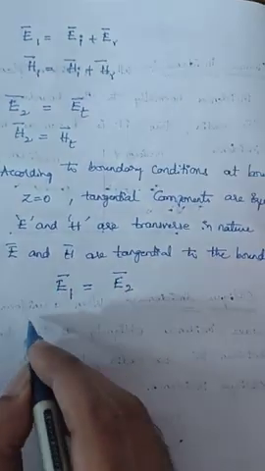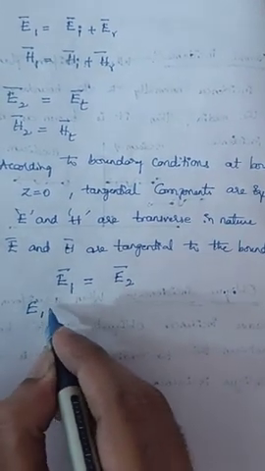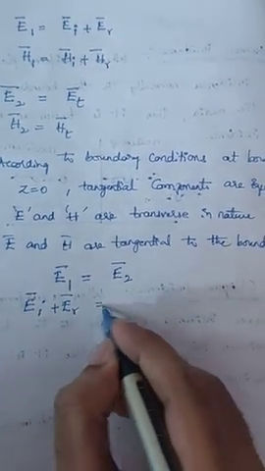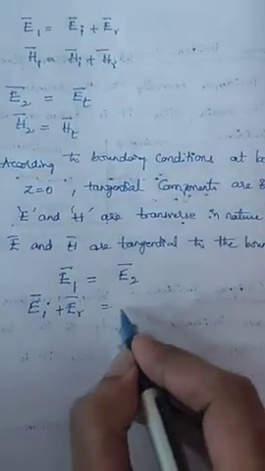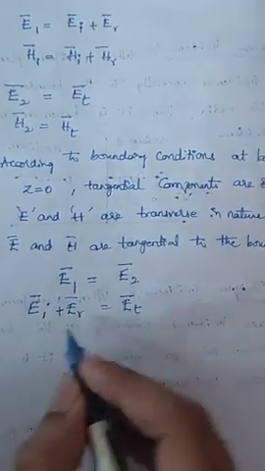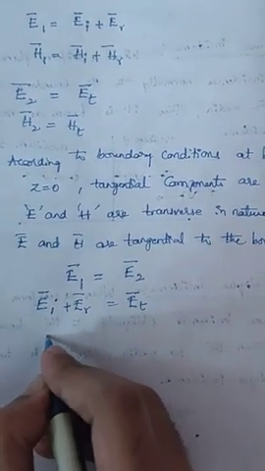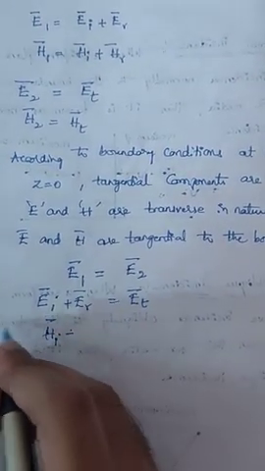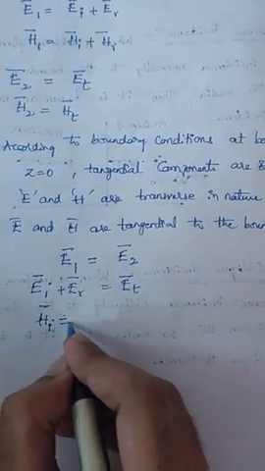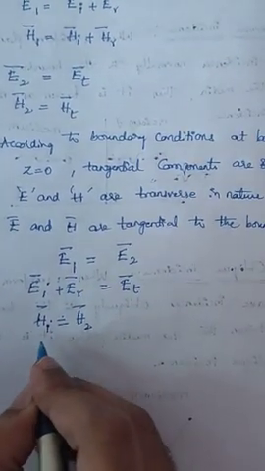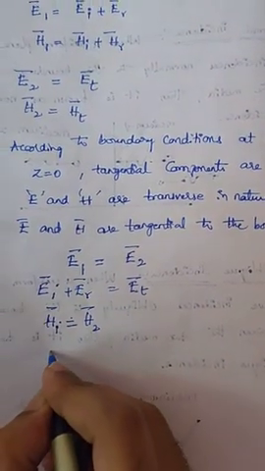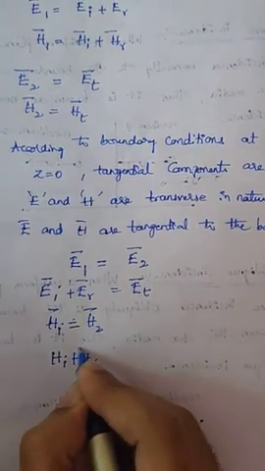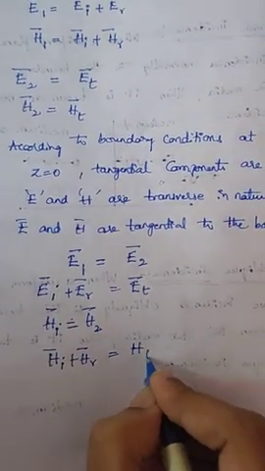E1 can be written as EI plus ER, and E2 can be written as ET. Similarly, H1 is equal to H2, so we can write HI plus HR is equal to HT.